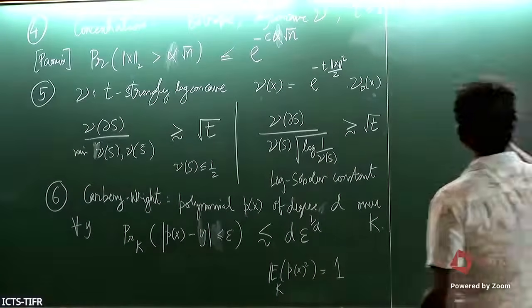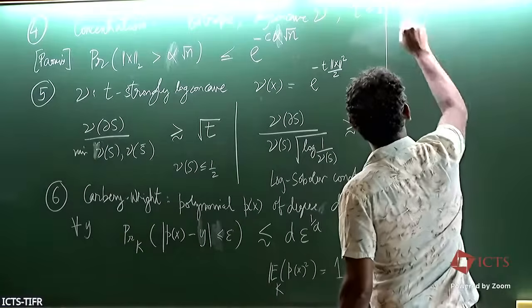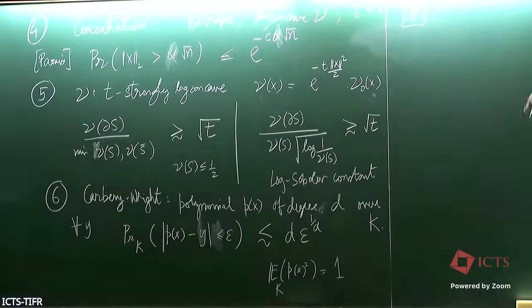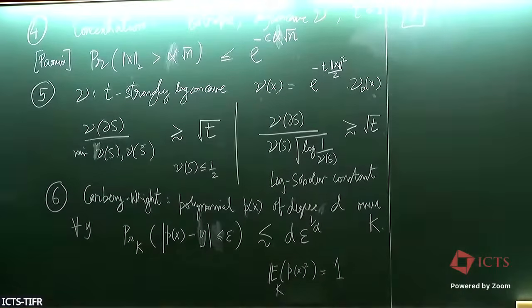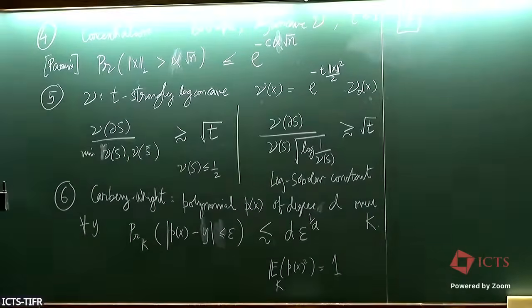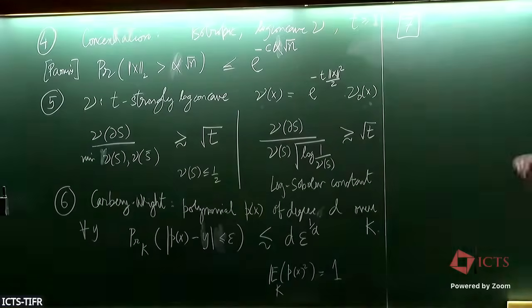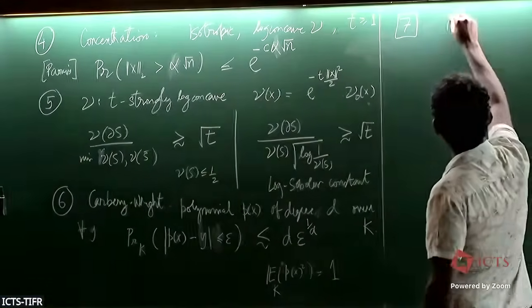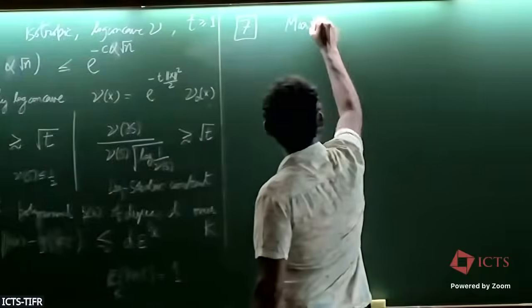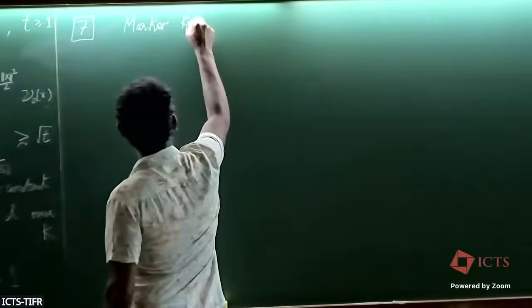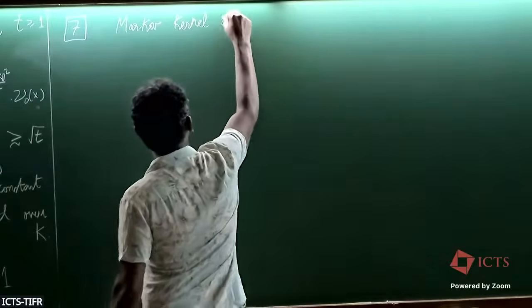The next one is a much more general thing, and really it deserves its own set of lectures, so I will only mention it briefly. Today we won't have time to look at it, but it's an inequality again. And these are inequalities for Markov kernels or transition operators.